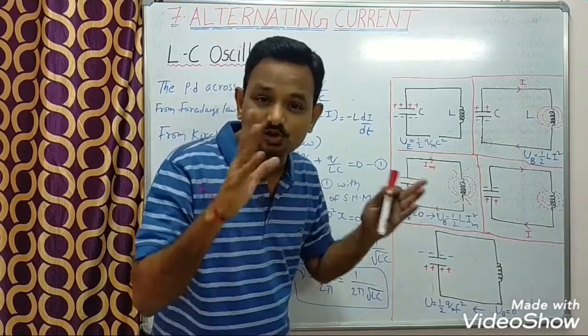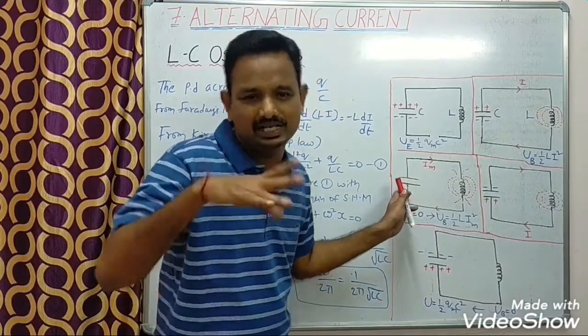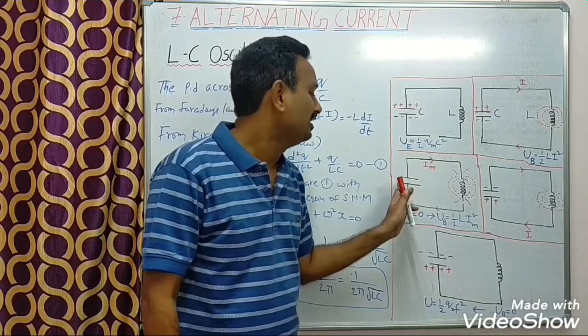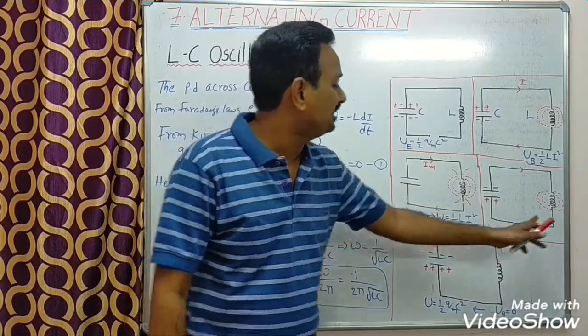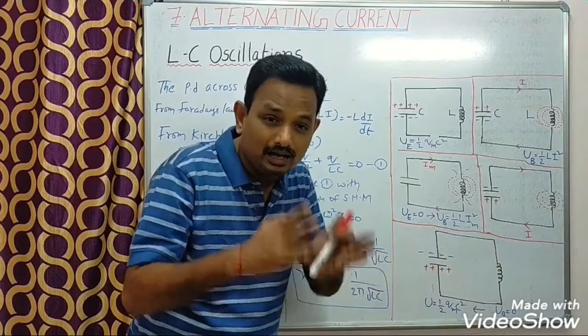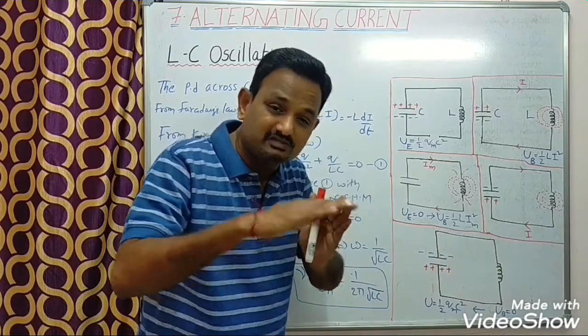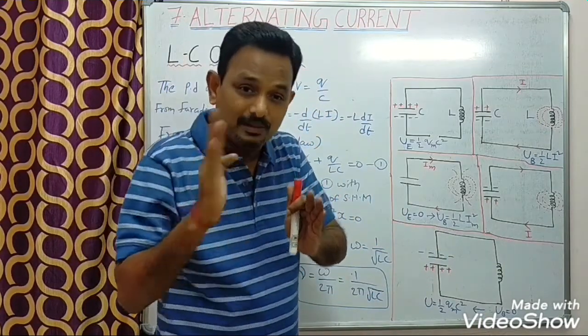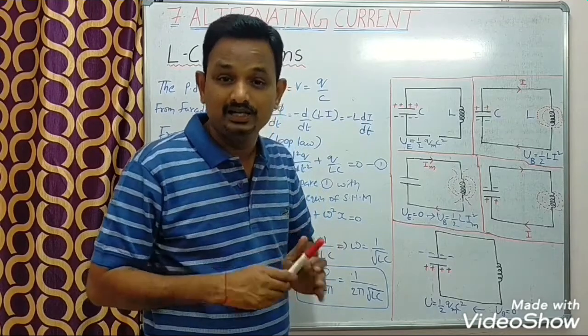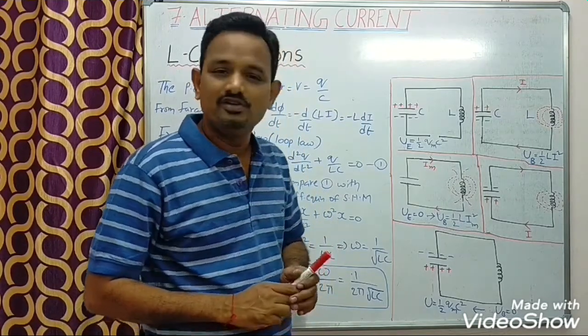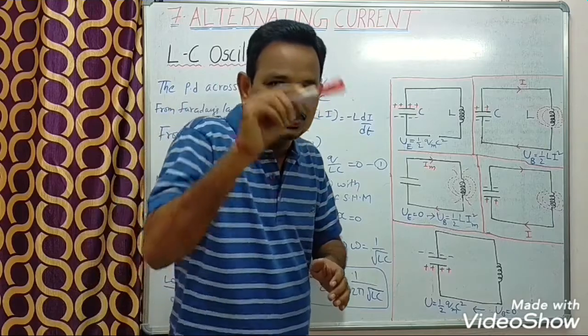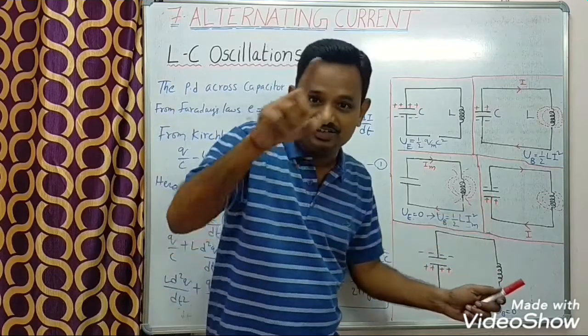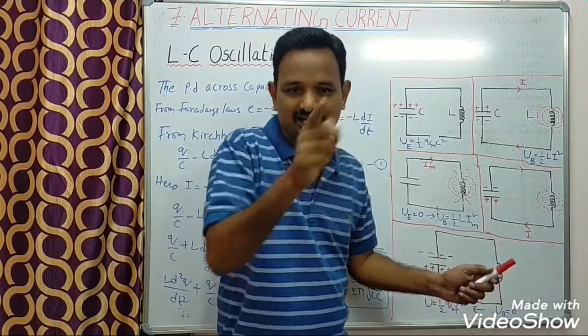That means there is no charge in the capacitor. Completely discharged. After that, whenever electrical energy is converted into magnetic energy completely, later what happened? The induced EMF again recharges this capacitor in the reverse direction, in the opposite direction.